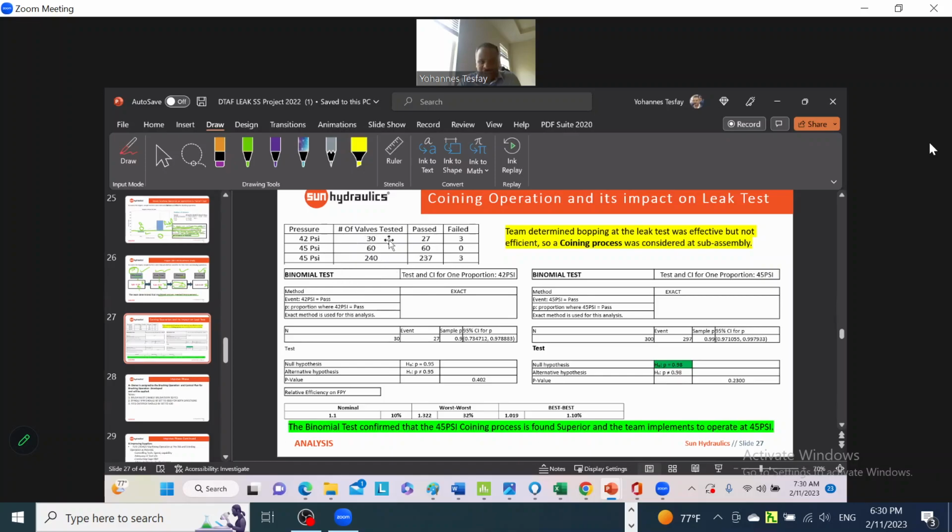At 42, 3 failed, and at 45 out of 200, or 240 plus 300, almost 297 parts passed. When we do the binomial test, it tells us that 45 coining pressure is found superior, and we are going to use that.